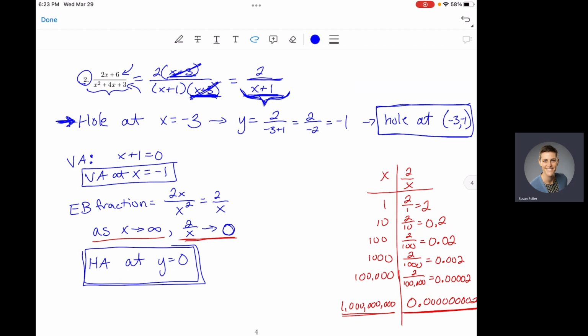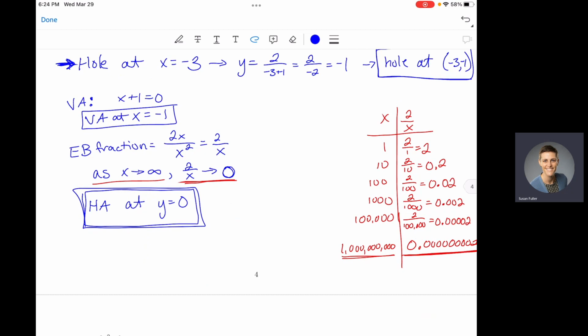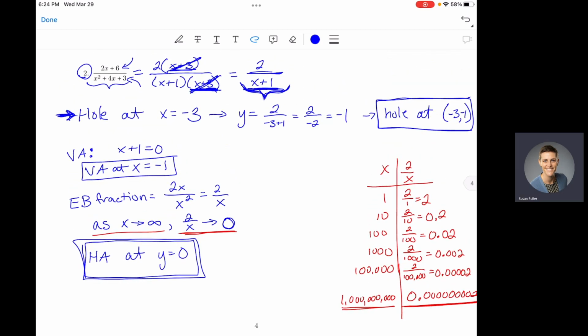And again, this is as x goes to infinity. This is end behavior, and horizontal asymptotes are really just asymptotes at the ends. All right, so we have our vertical asymptote and our horizontal asymptote.